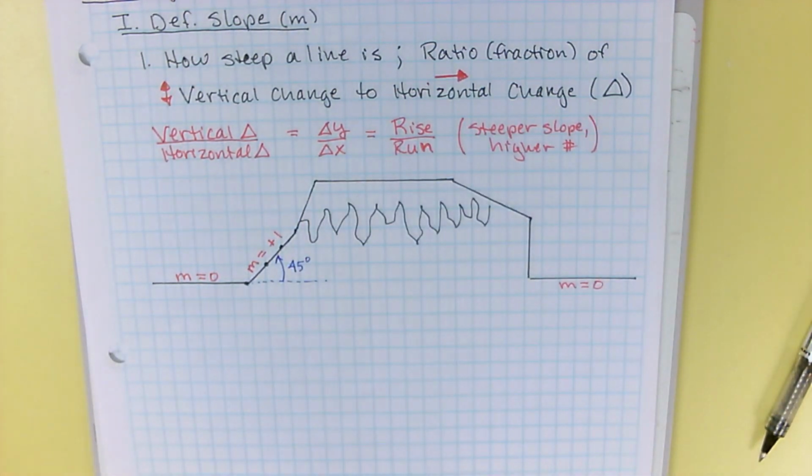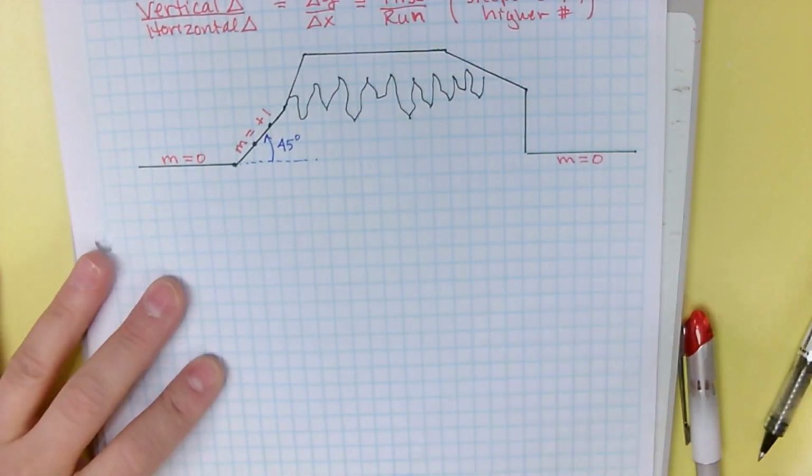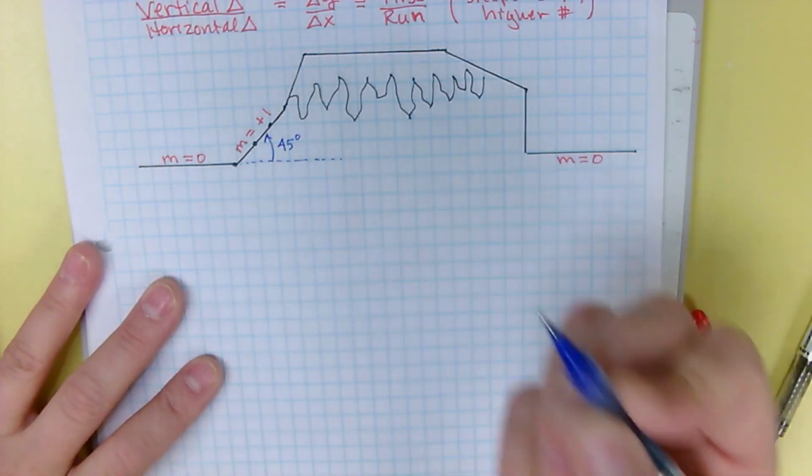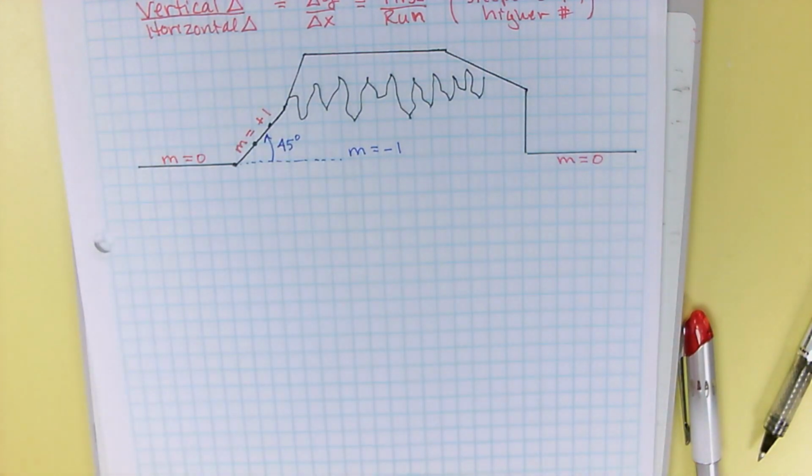It's a +1 because it's going up, but it's 1. Corners of the squares means 1. If it's going through the corners of the squares and it's going down, the slope is a -1. So some lines, you can just look at them and go, oh, look, slope of 1, slope of -1, just looking at how the points go through the squares.